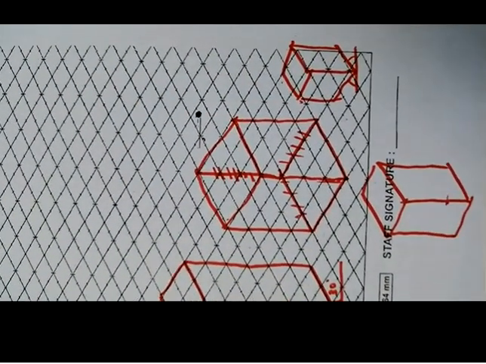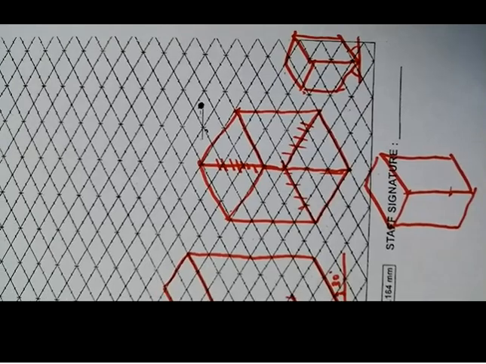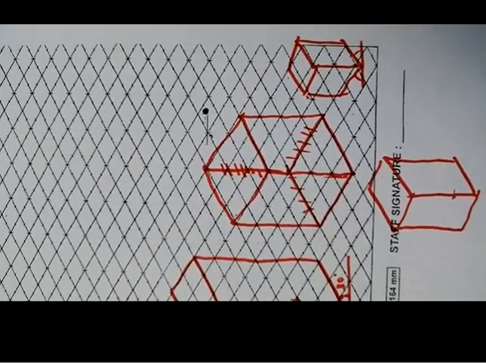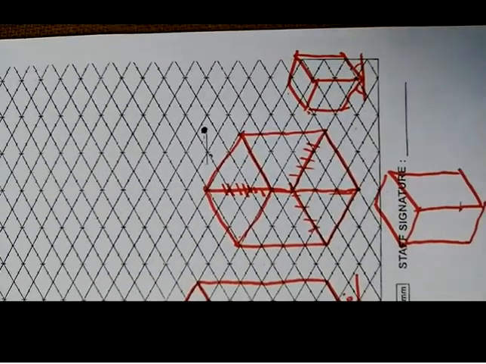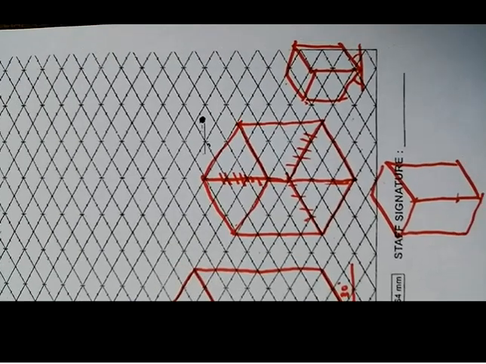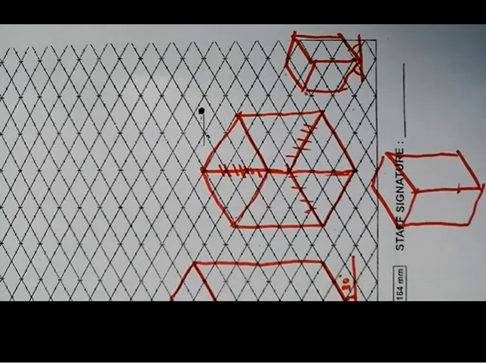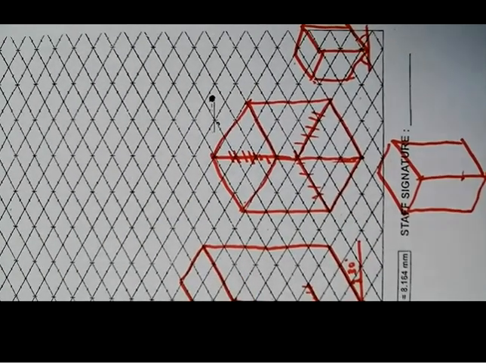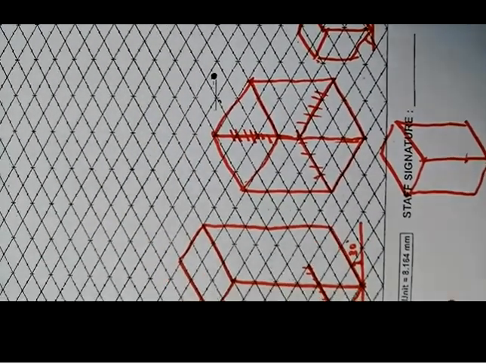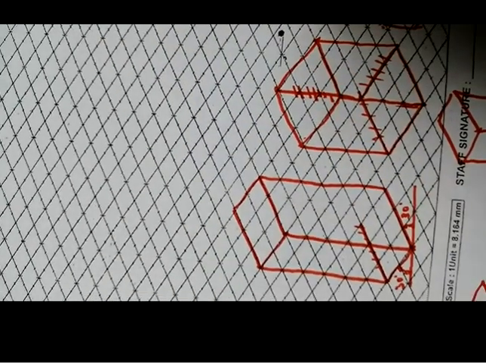Next we'll teach you how to construct a cylinder. For example, consider one cylinder of base diameter 40 and height 50 mm. Before constructing the cylinder, you have to construct the top view of that cylinder.